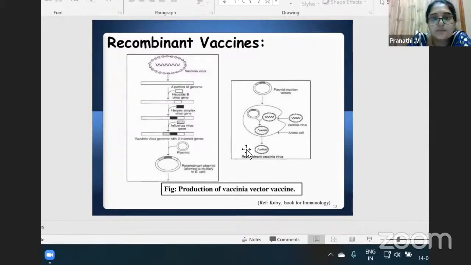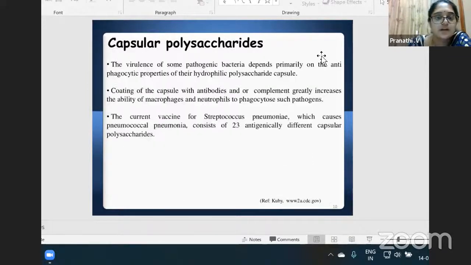Polysaccharide vaccines: in the case of polysaccharide vaccines, the coating or capsule of the bacteria has antiphagocytic properties because of the hydrophilic polysaccharide capsule.